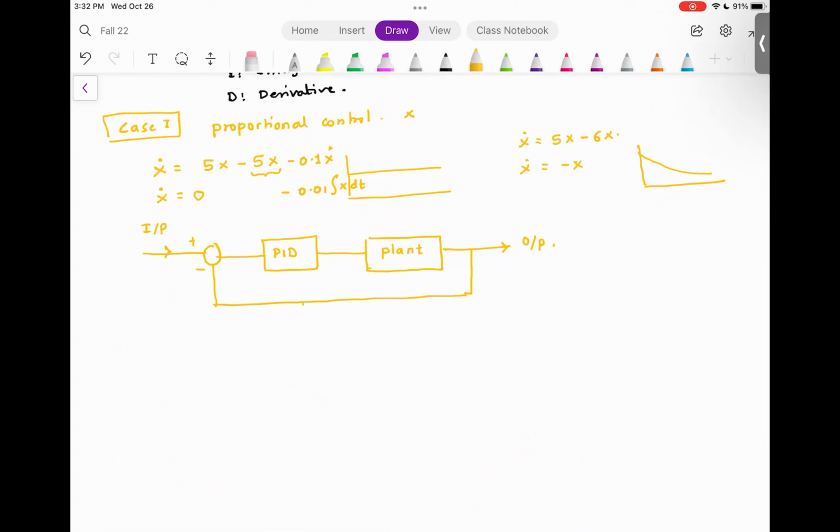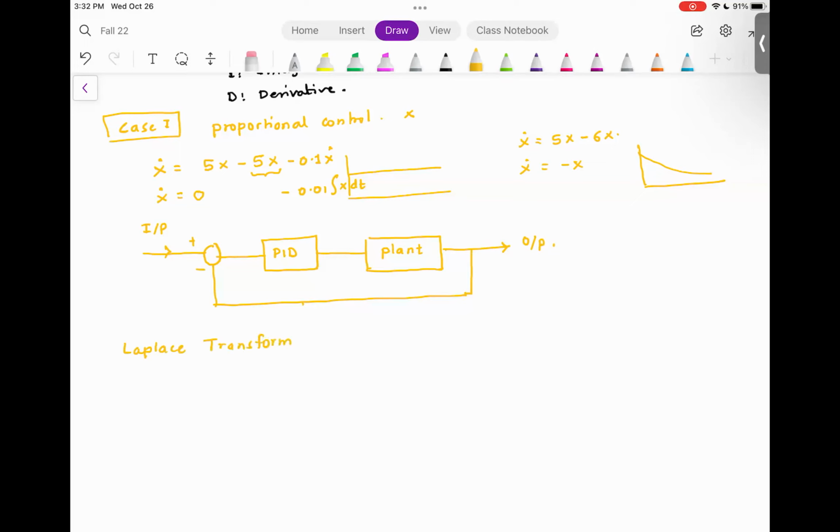Now, most of you must have taken the basic course in differential equations. Is that true? Most of you must have been exposed to something called the Laplace transform, right? Okay, so can someone tell me what is Laplace transform?